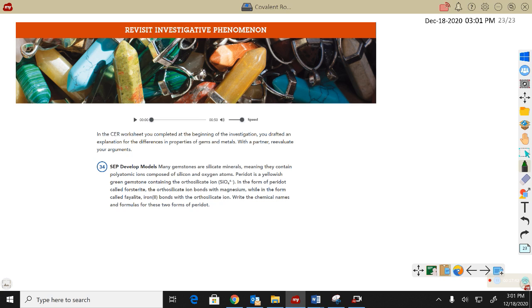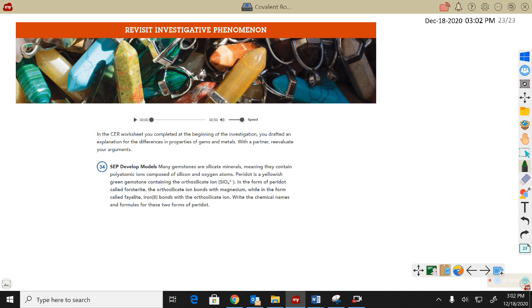Not one of the most common polyatomic ions, but it exists. SiO4 4 minus. In the form of peridot called forsterite, the orthosilicate ion bonds with magnesium. In another form called fayalite, iron 2 bonds with the orthosilicate ion. Write the names and formulas.